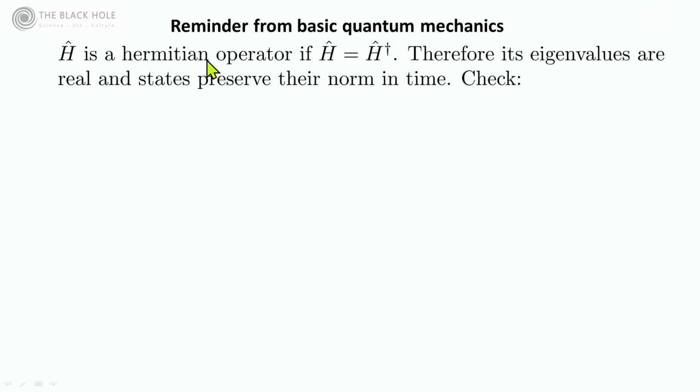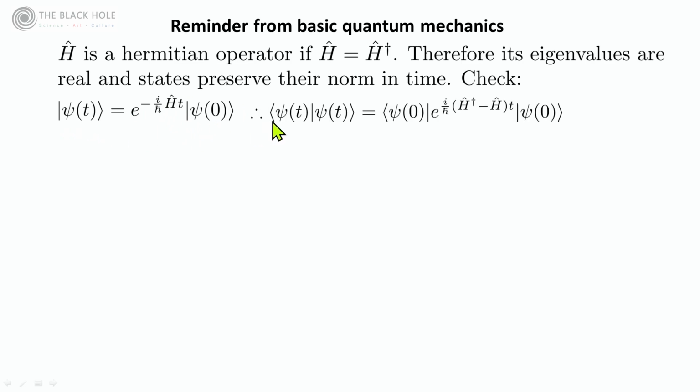H is a Hermitian operator if it's equal to its Hermitian conjugate. Its eigenvalues can be easily shown to be real, and states preserve their norm in time as you evolve them forward. Well, let's check this. So here is the evolution operator. Remember that this H here is time independent. And so this evolution operator takes the state psi of 0 into the state psi of t.